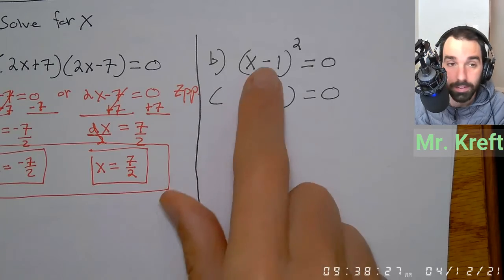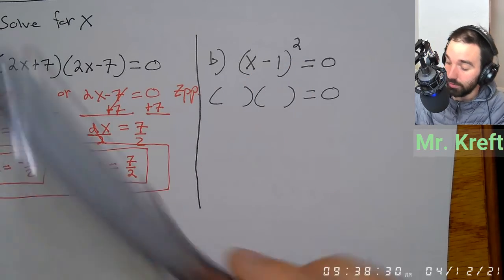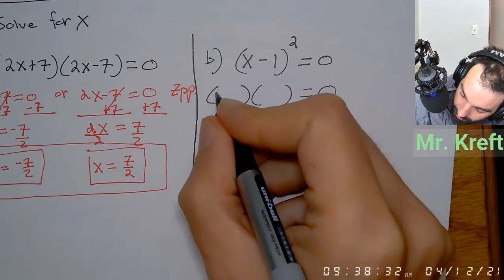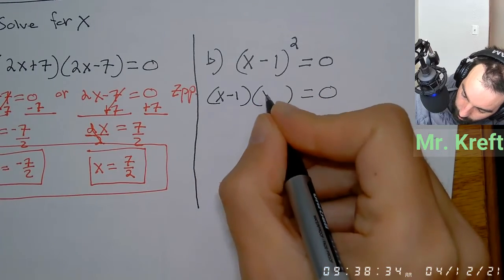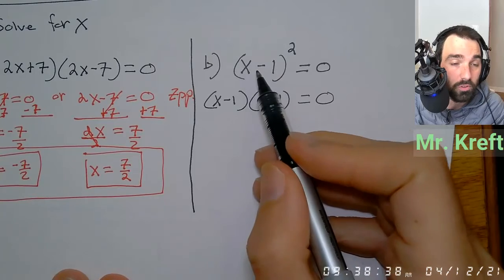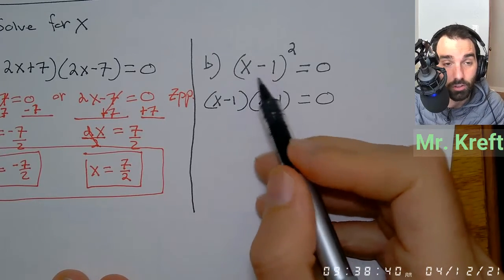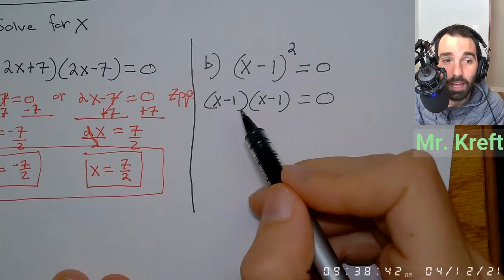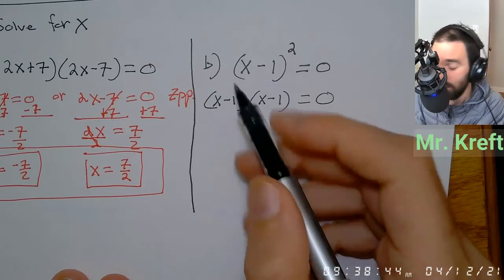All right. So again, squared means something times itself. So x minus 1 squared is x minus 1 times x minus 1. So it's just multiplied by itself. So if you see a term squared, you have to remember that really means 2 things multiplied.